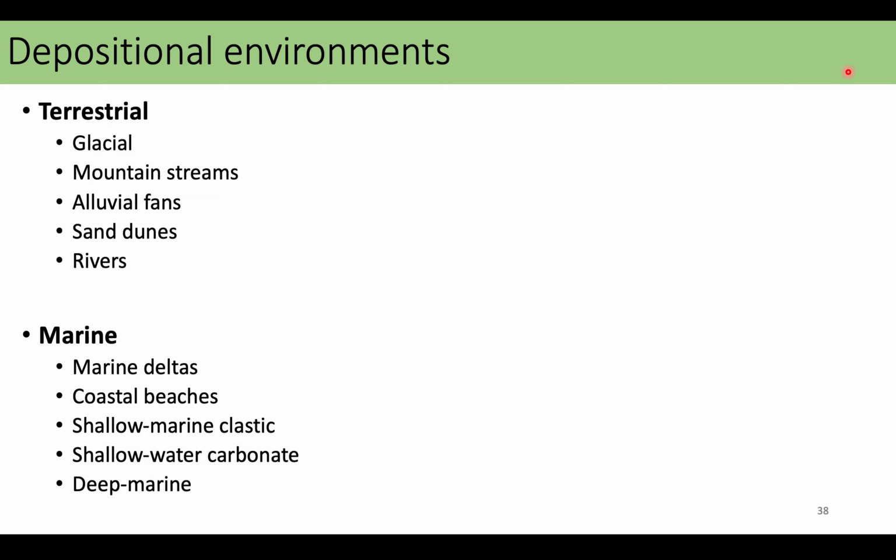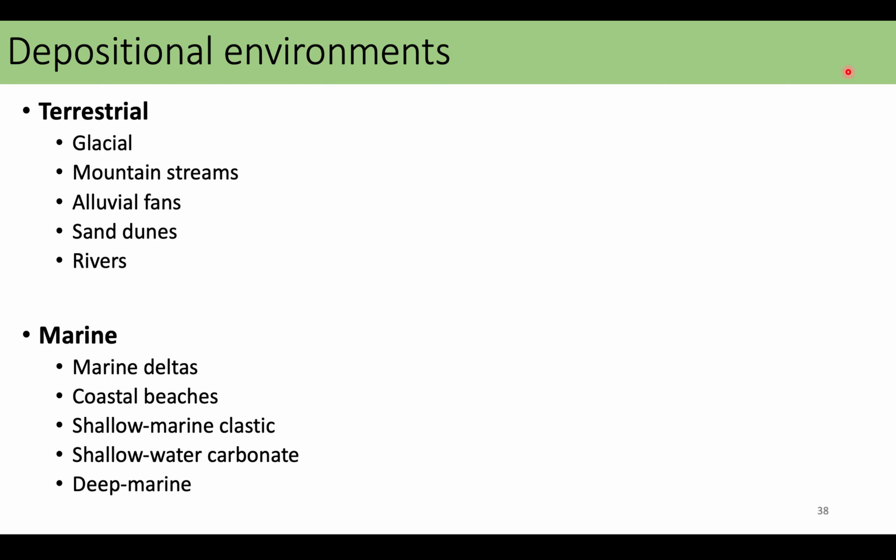So there are a couple of different ways to think about how the rock was formed. And one of the main ways to think about is, how was the sediment deposited? So was this deposited in a terrestrial environment? Streams, sand dunes, rivers, lakes, moved by glacial ice?